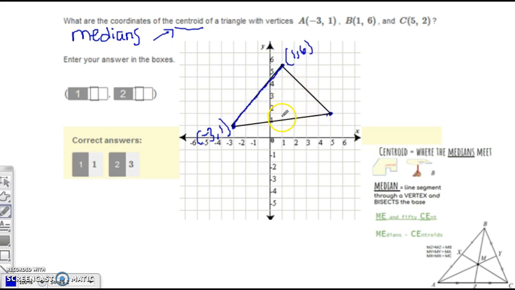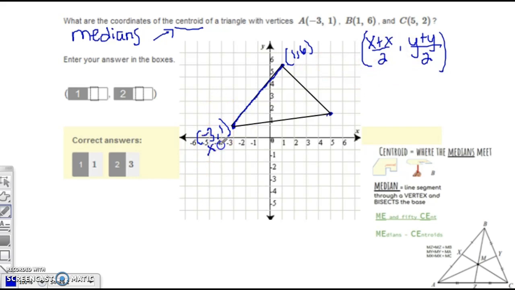Remember the midpoint formula says add your X values together and divide them by 2, and then add your Y values together and divide them by 2. Let me go ahead and write that up here. That's the midpoint formula, and the midpoint will help you draw the median.